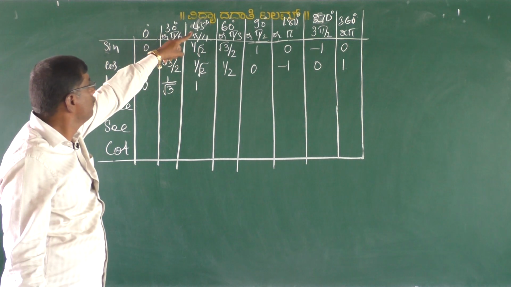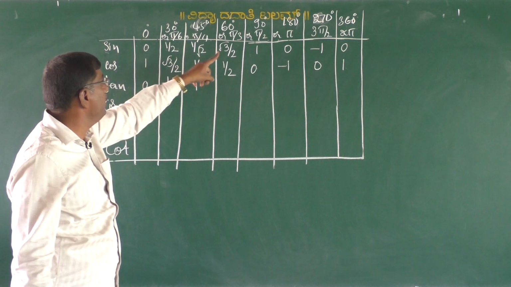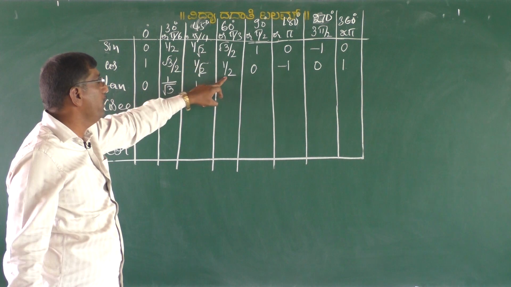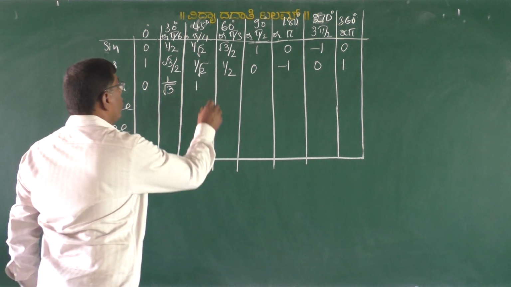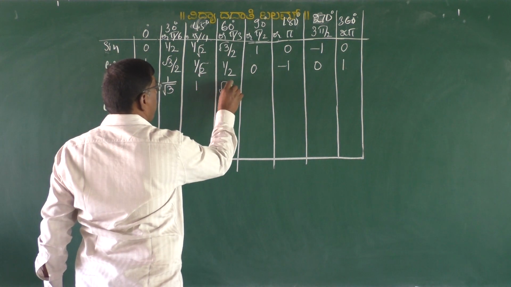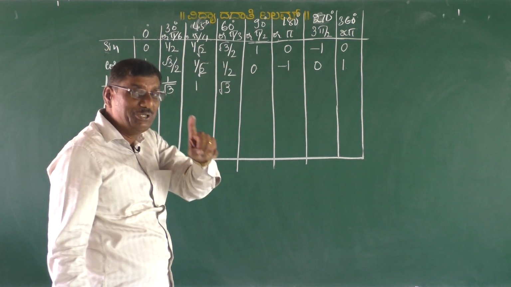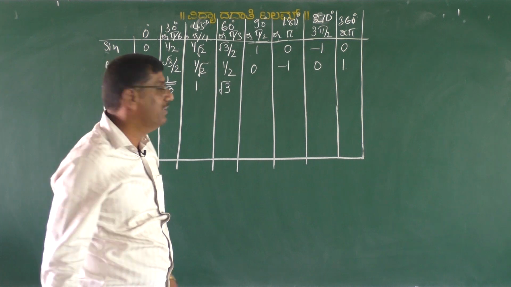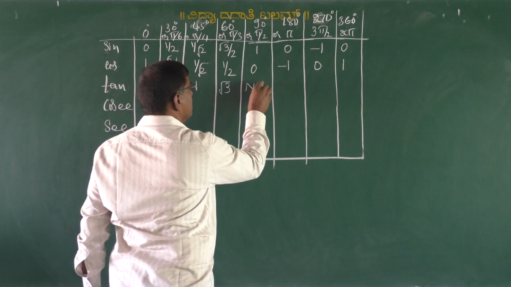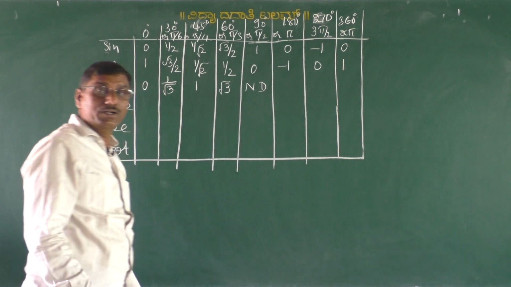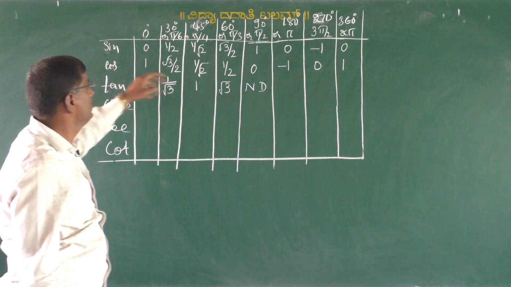Tan next, 60, my dear students, sin by cos here, that is root 3. Tan 90, sin by cos, 1 by 0, that is not defined, my dear students.